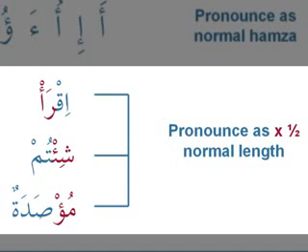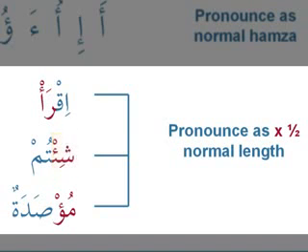Okay, so we'll just go through these examples. So the first one is iqra. Okay, so you literally shorten the ra, which will normally be one long, cut it down to about half the length. So it'd be iqra instead of iqra. Okay, so we shorten it. The second one is shi'tum. So you just cut, instead of shi'tum, you say shi'tum.